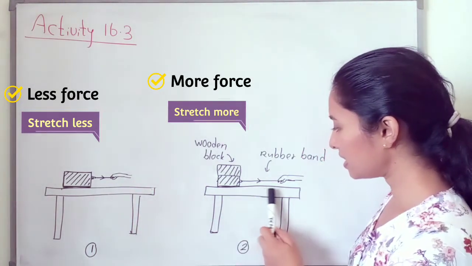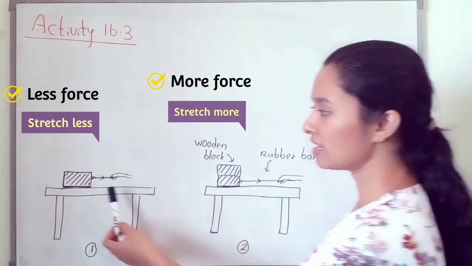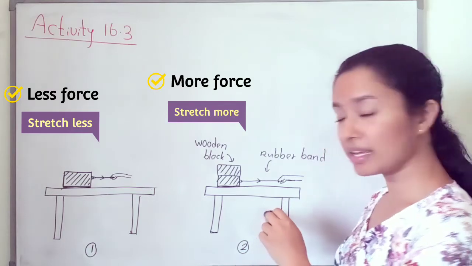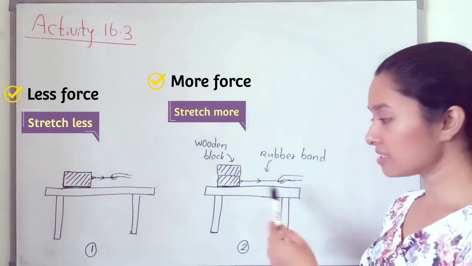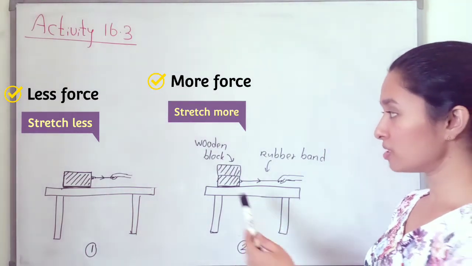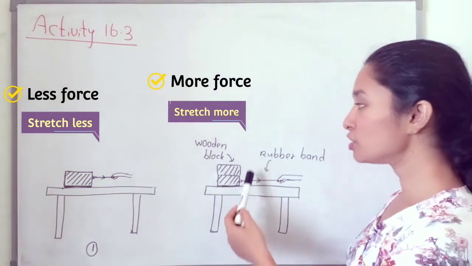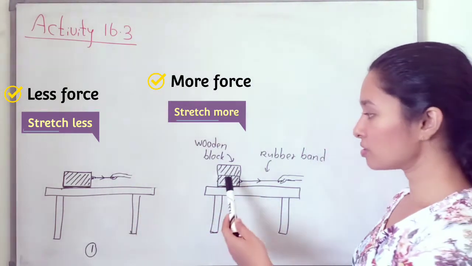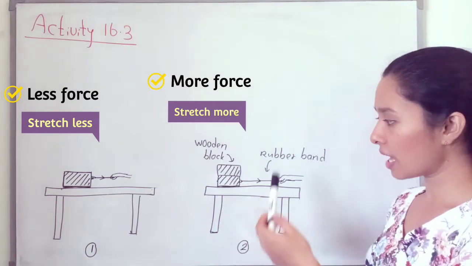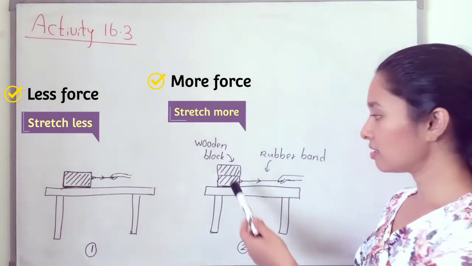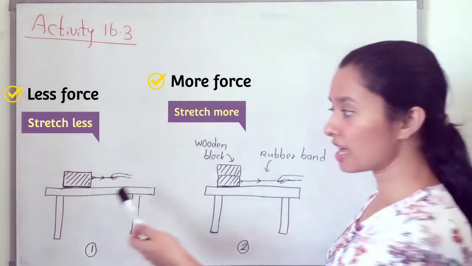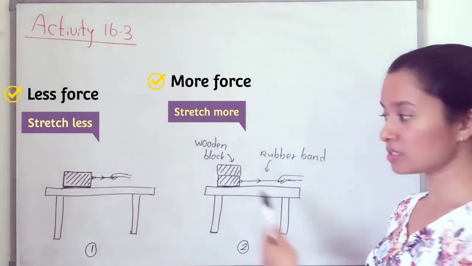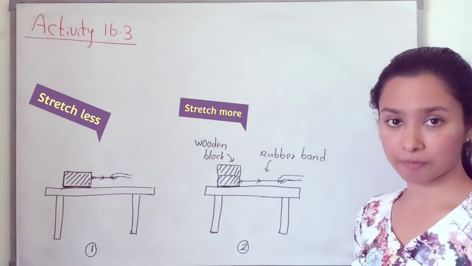Here the length is larger than this length. That means the rubber band is stretched more in the second time, because here we put 2 wooden blocks. Here 1 wooden block. So when we put 2 wooden blocks, it has more weight than this one. So we have to apply more force than the first time.